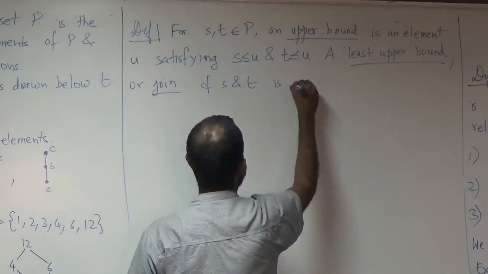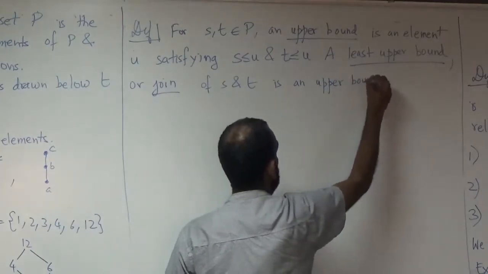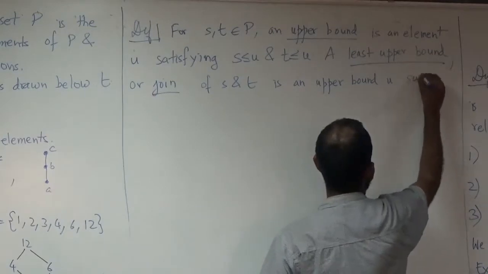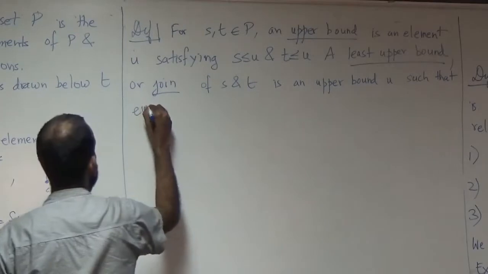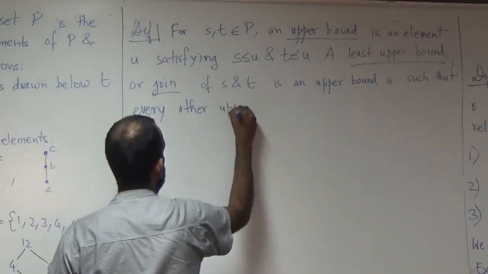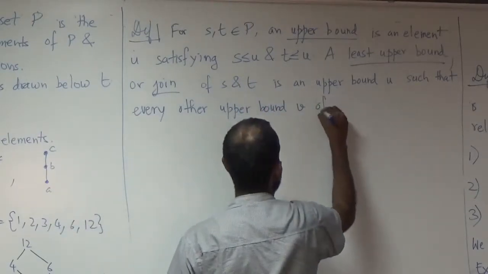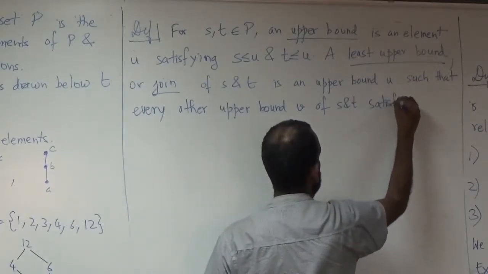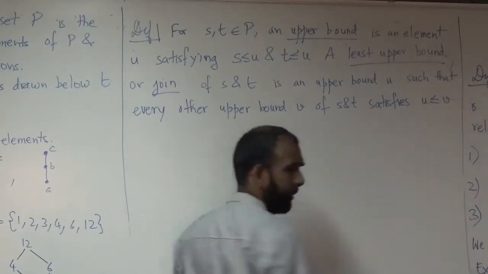of s and t, is an upper bound u such that every other upper bound v of s and t satisfies u is less than or equal to v.